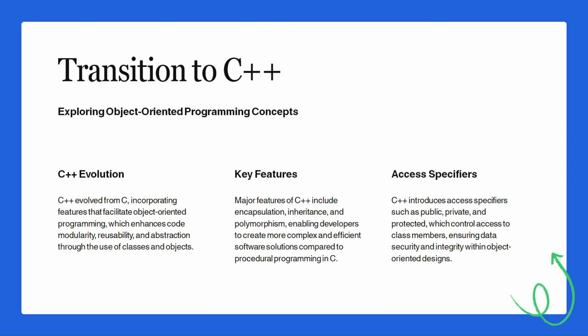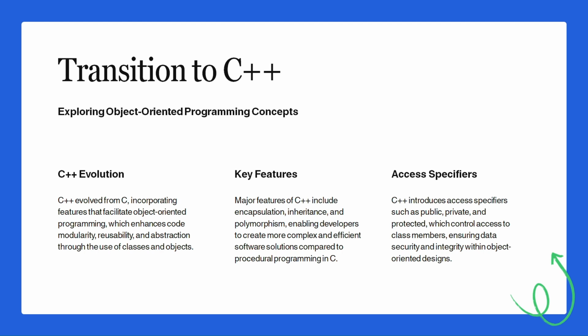Transition to C++. C++ evolved from C, incorporating features that facilitate object-oriented programming, which enhance code modularity, reusability, and abstraction through the use of classes and objects.